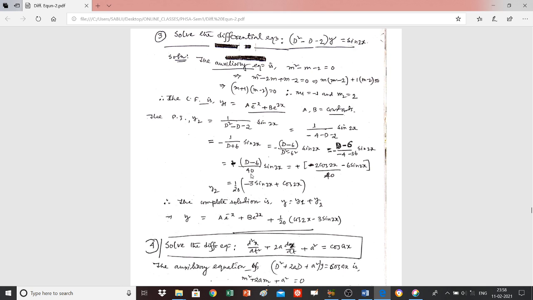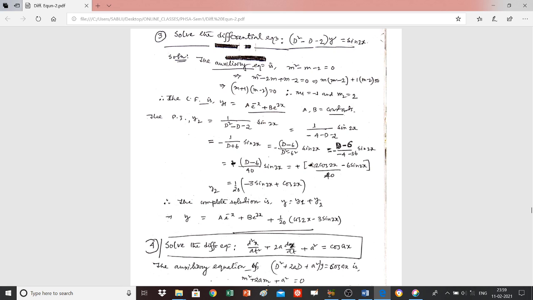So (d minus 6) by 40 and sin 2x, and then this d minus 6 will operate on sin 2x. So first this 1 by 40 is here, then d when applied on sin 2x will give you cos 2x into 2.